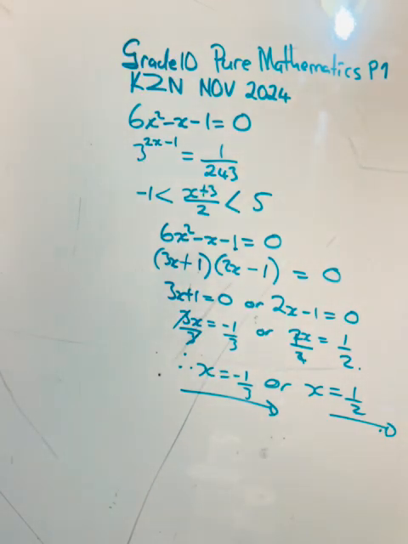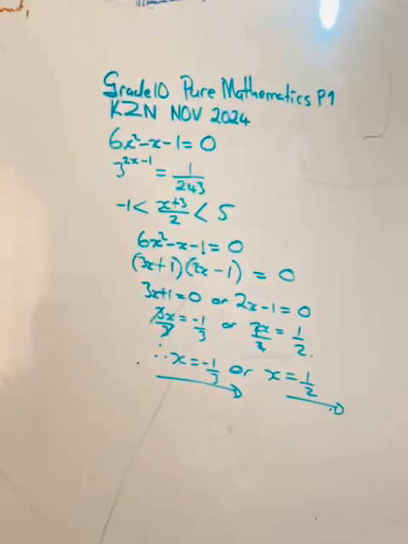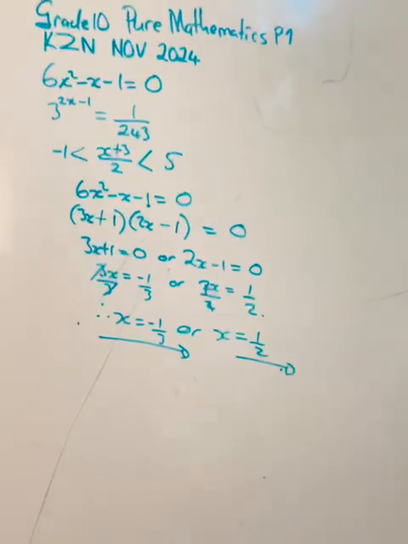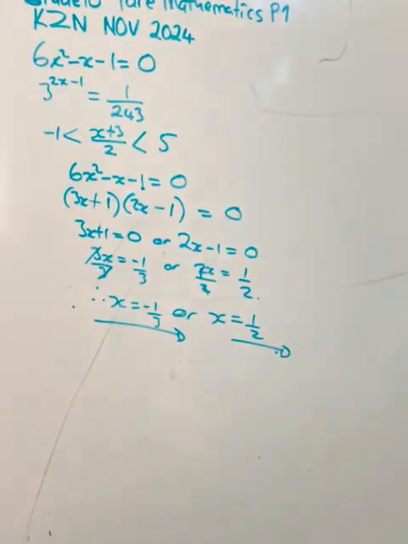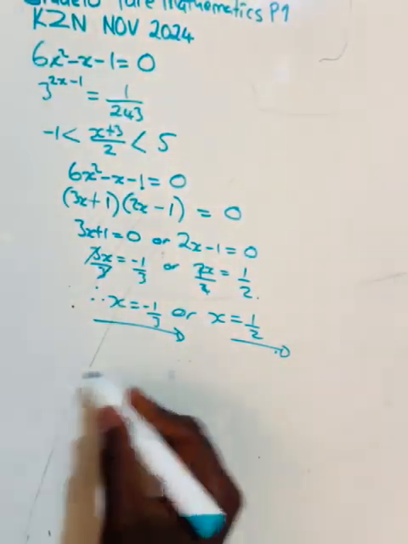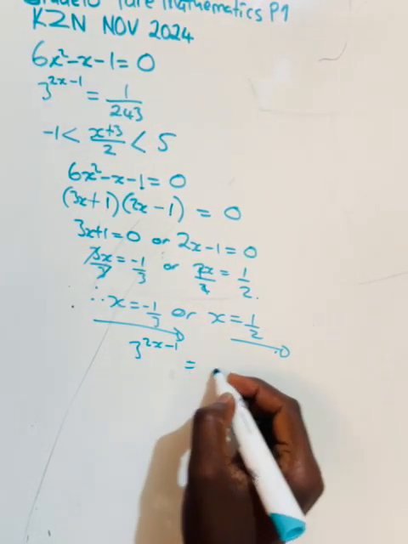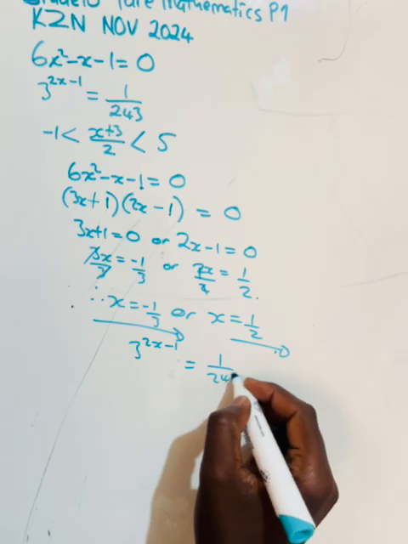All right. So from there, we are now going to deal with this one. The next question that we're going to deal with is 3 to the power 2x minus 1 is equal to 1 over 243.